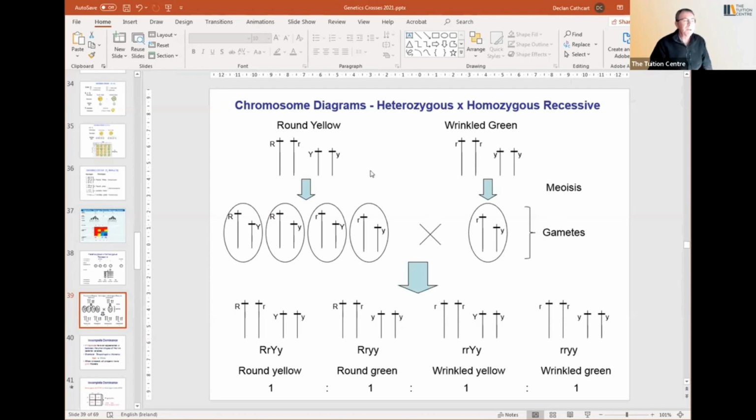So this is a situation a bit like we just did, right? It's very similar, but it's a round yellow crossed with wrinkled green. We're back to peas again, away from fruit fly. And what we've done here is, rather than just write letters, big R, and big Y, small y, we've put in chromosome diagrams.